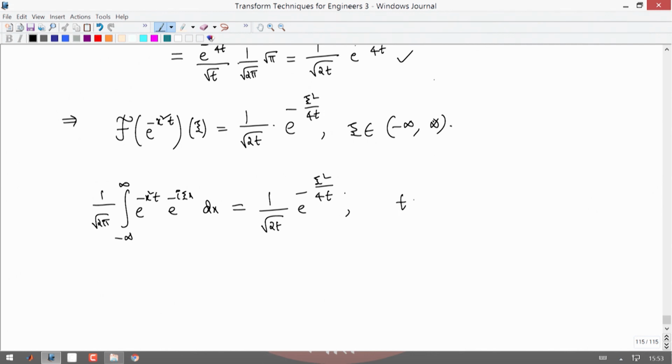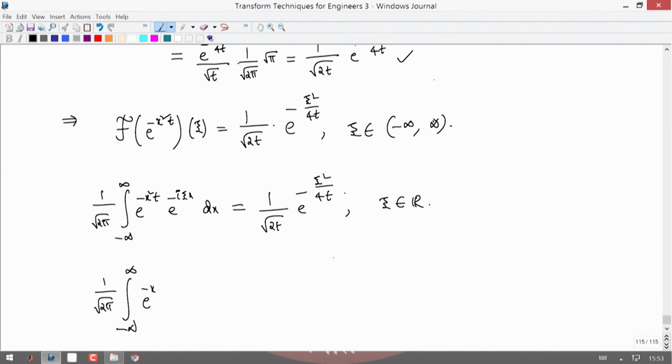Now, t is also positive both sides. So, t belongs to 0 to infinity. I differentiate with respect to t, or rather I think I should do with respect to xi. So, xi belongs to full R. So, if I differentiate with respect to xi, you get 1 by root 2 pi, the derivative you can take inside, that is by Leibniz rule, this does not matter.